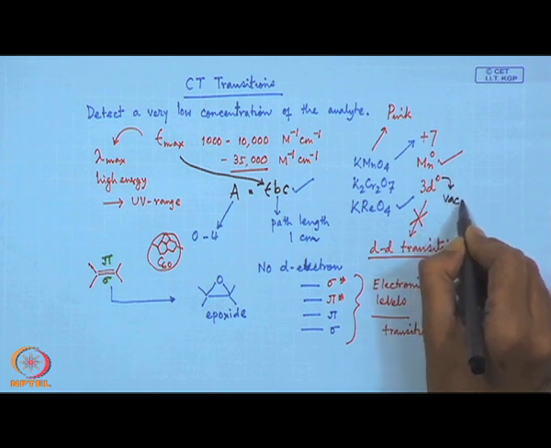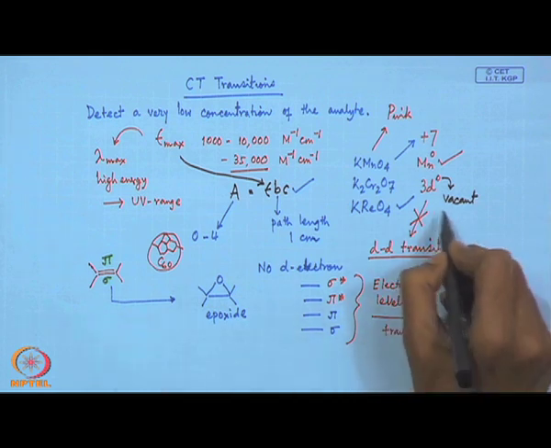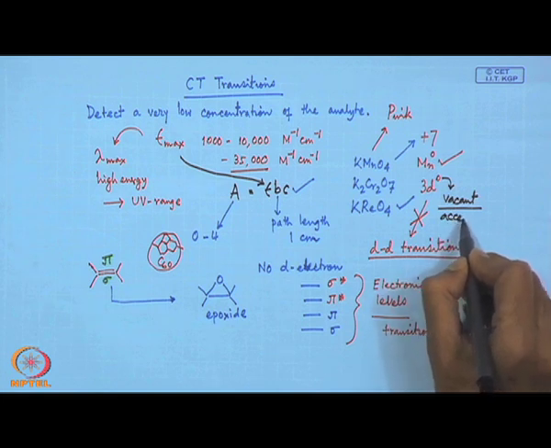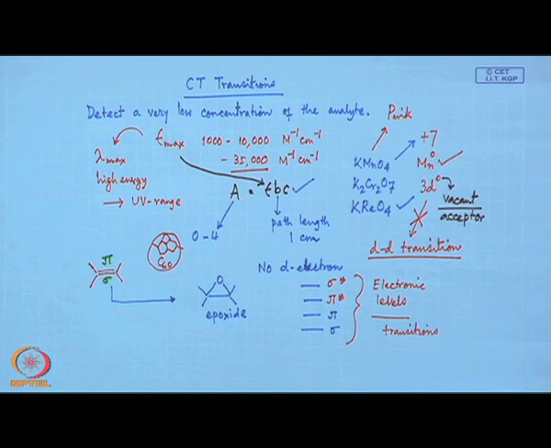So, we have 5 vacant levels. They can be very good acceptors instead of donors. We can have very good acceptor levels on the d level, which is vacant of electrons.